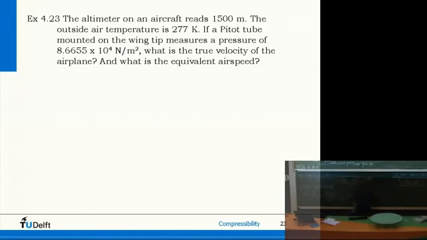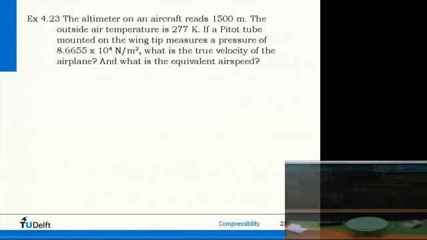So V is the square root of 2 times P0, the pitot tube given up there, 8.6655 minus this one, 8.456 10 to the power 4, divided by the density, 1.064. And then we find the speed to be 62.8 meters per second. Is that okay?